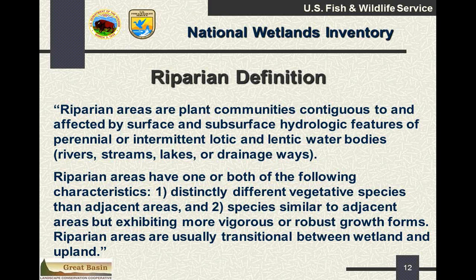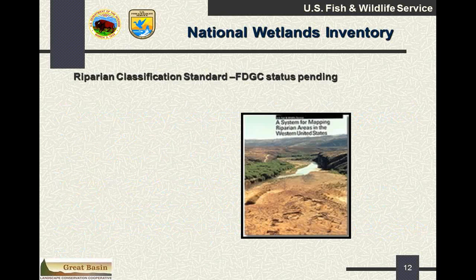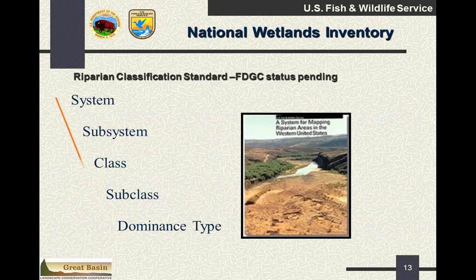So they have one or more of the following characteristics. They're distinctly different vegetative species in adjacent areas, or they just are showing more robust and vigorous growth because of their adjacency to water. And that's a really bad picture, but this is our system for mapping riparian areas in the western United States. And it's a simplified system, subsystem, class. We kind of kept it the same.